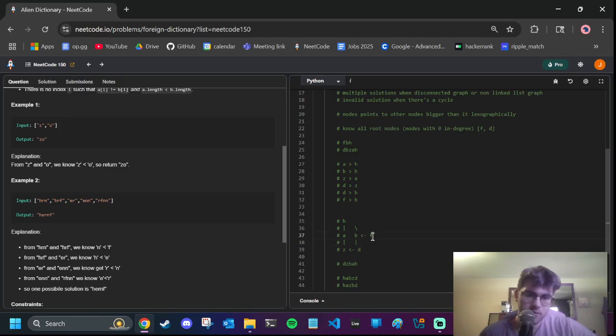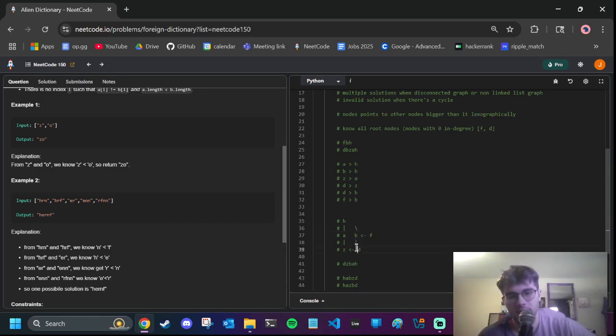So this rule, D is less than B and F is less than B as well. My question is, can we just put it in visited? Maybe we have to add another edge.